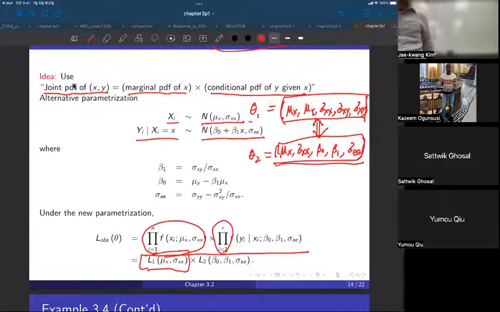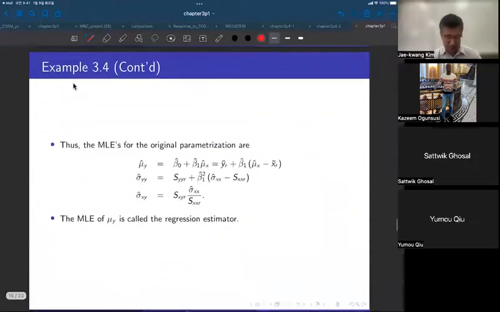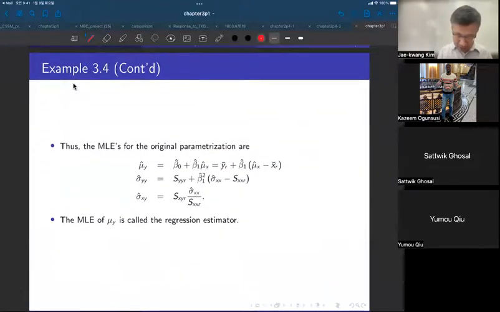That is the final step. We just use the other parameterization, see the relationship between mu and the new parameters, and use this MLE to obtain the MLE of mu.